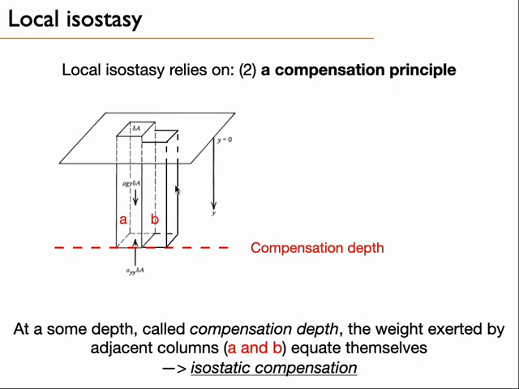This will be the column of material water. This is the column of material ice. We have column A and column B. The weight exerted by the same column should balance out or equate themselves at the compensation depth. So A and B should exert the same load at this depth level.